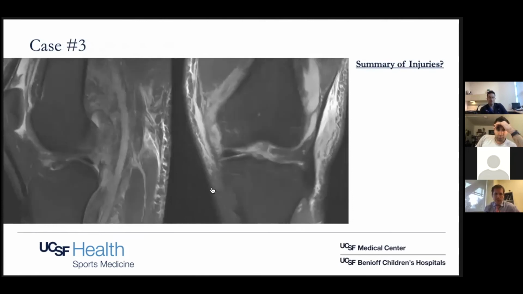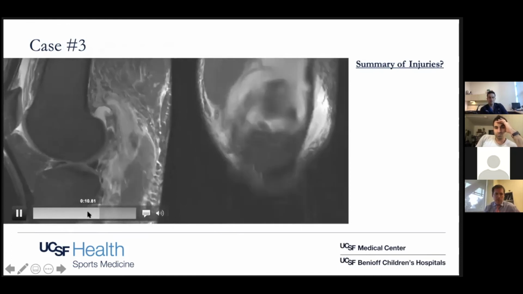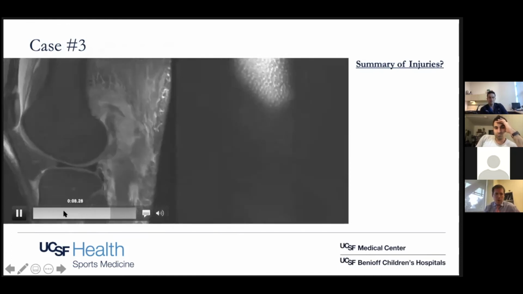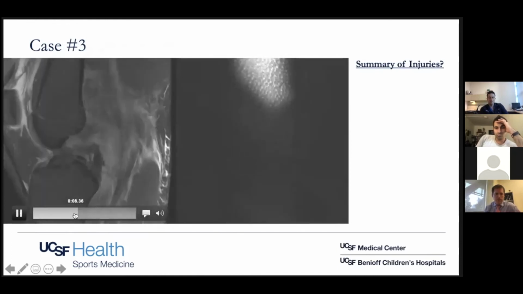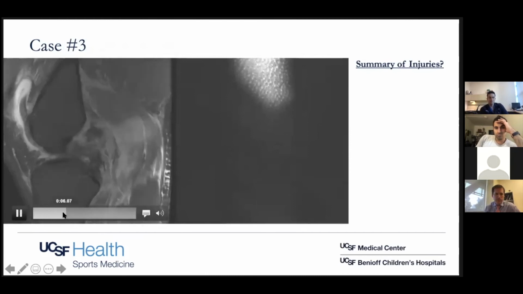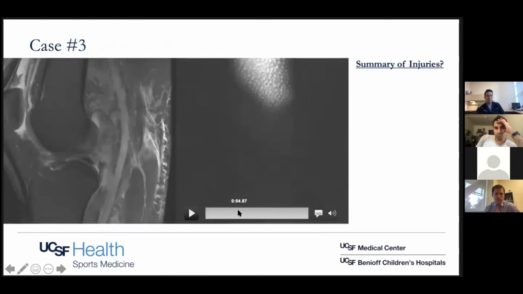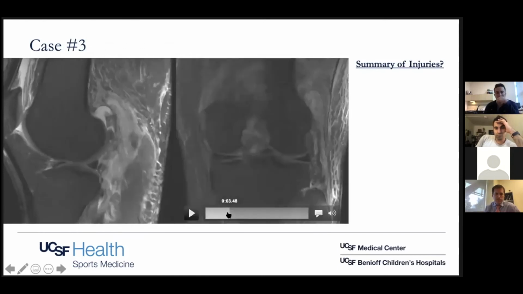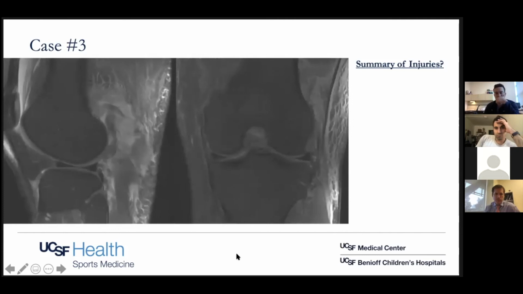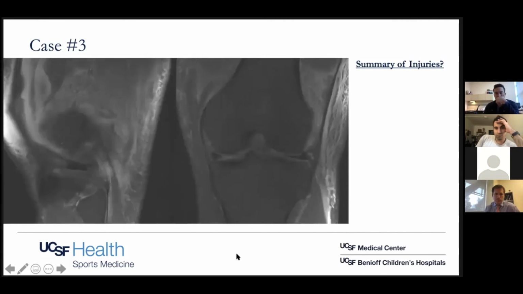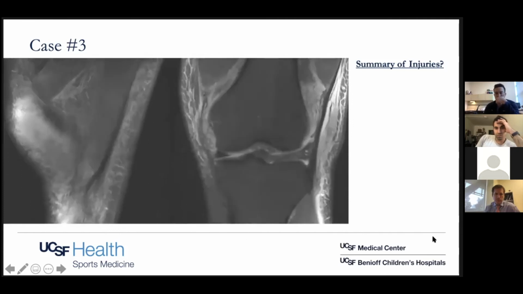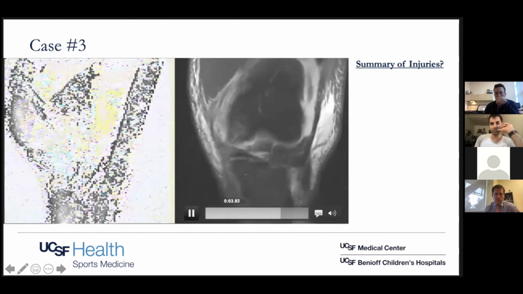And does anybody want to take a stab at just calling out what we have here? It looks like you have both an ACL and PCL. I didn't catch the collaterals though. Oh.